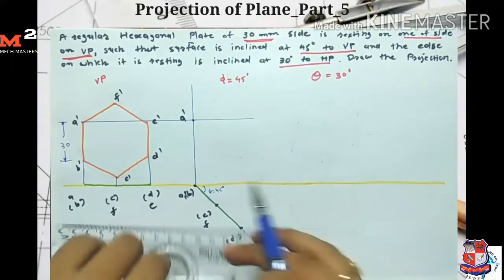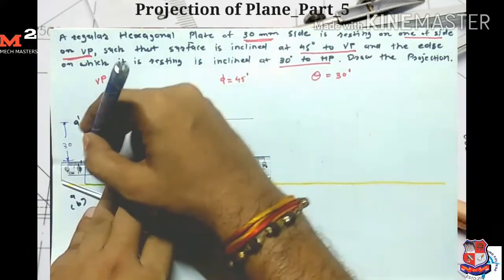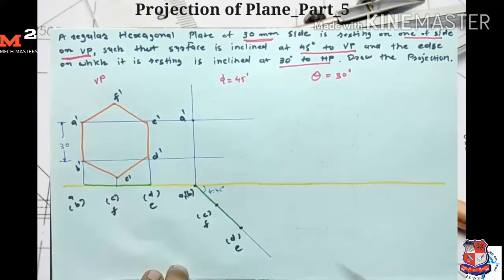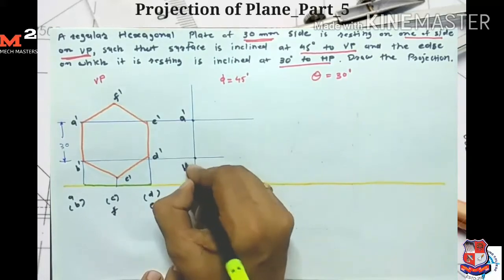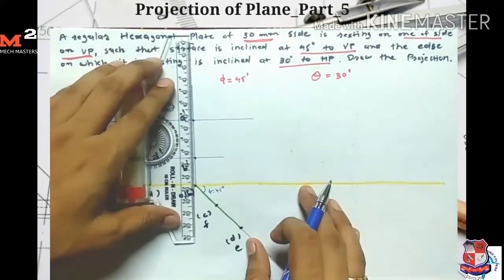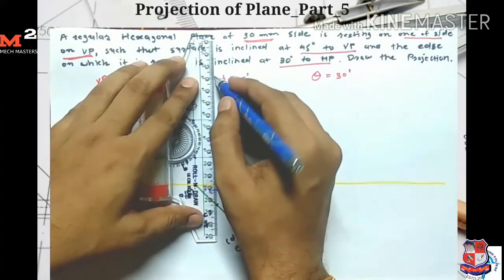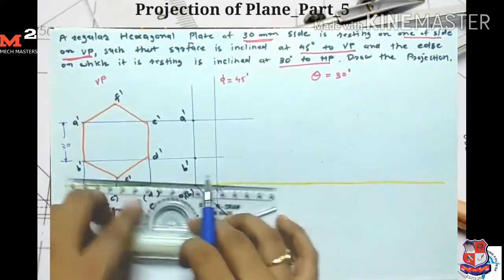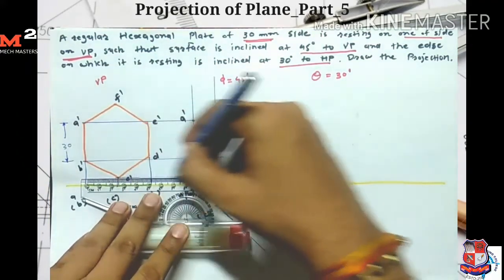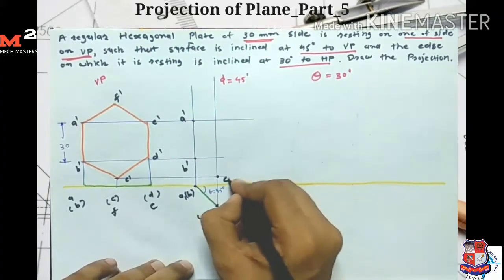Now for point B, I take the projection from here and from here. So here I get my point B dash. Now for point C dash, I take the projection from here and from here. So here I get my point C dash.